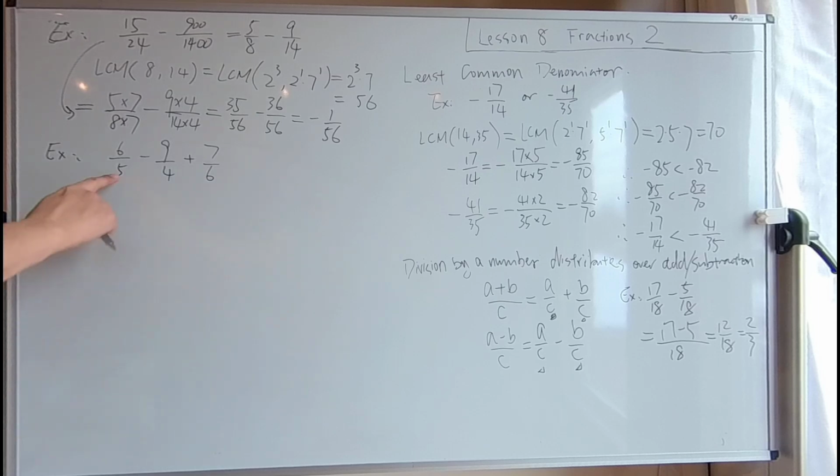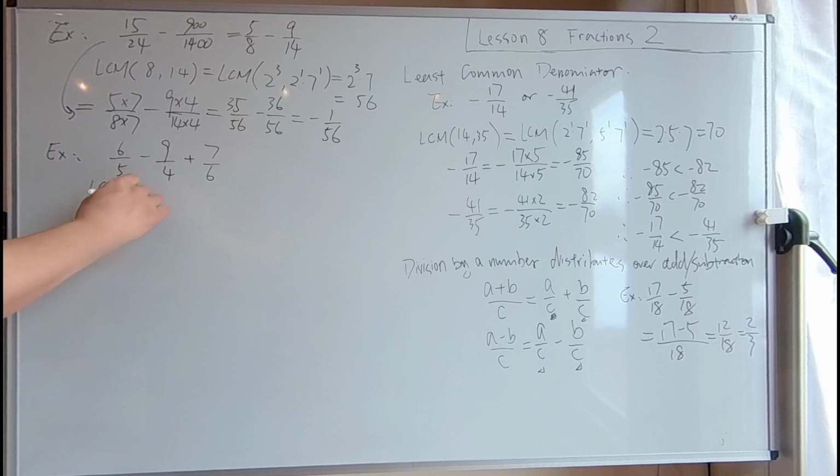Or the other way, if the numbers are not so complicated, or there are not too many terms, you can of course also do 3 or more than 3 fractions all together. So by doing them all together, that means I need to look for the common denominator for all 3 fractions.